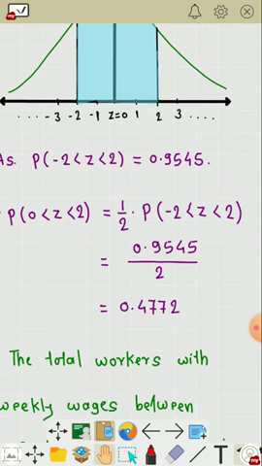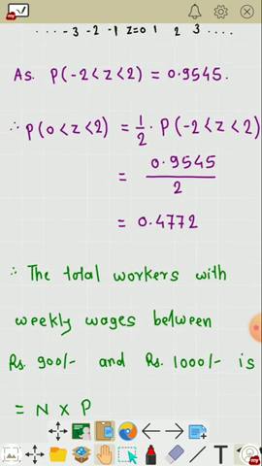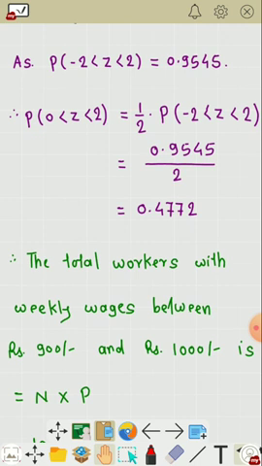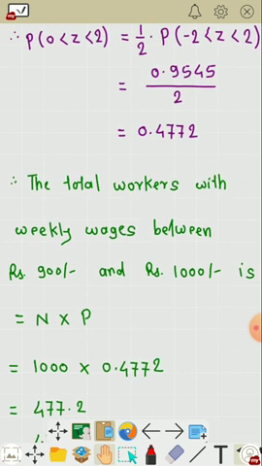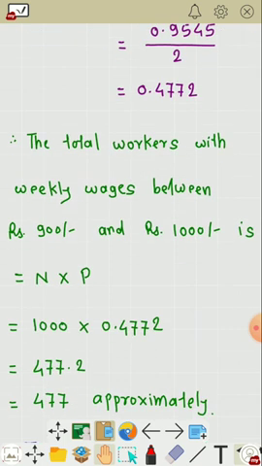Okay, so now we got the probability of z from 0 to 2, and it is 0.4772. Therefore the total workers with weekly wages between rupees 900 and rupees 1000 is n into p. So here n is the total number of workers and p is the probability.